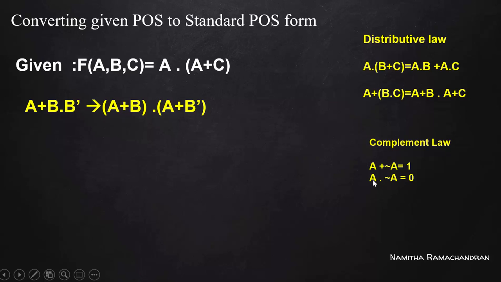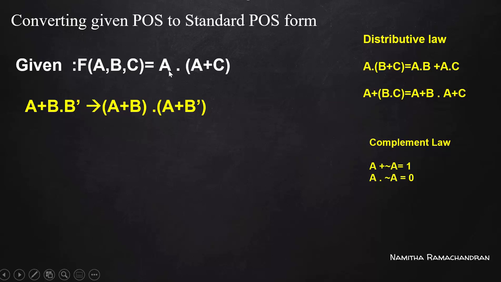From this it is clear that b and b complement is equal to 0. So a plus b and b complement, this is actually equal to a plus 0. Equivalent to this by adding 0 with a. Okay, now we can apply this rule, distributive law over these, and generate this as a plus b and a plus b complement.